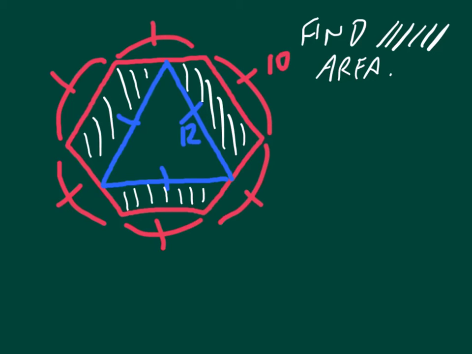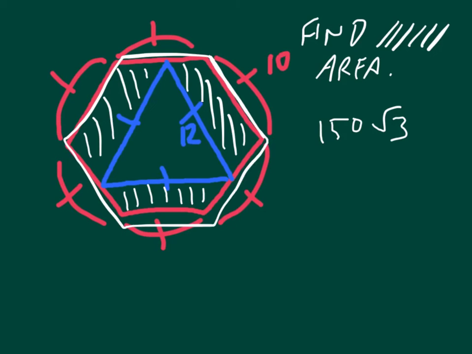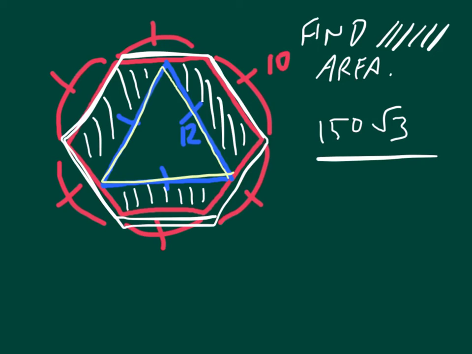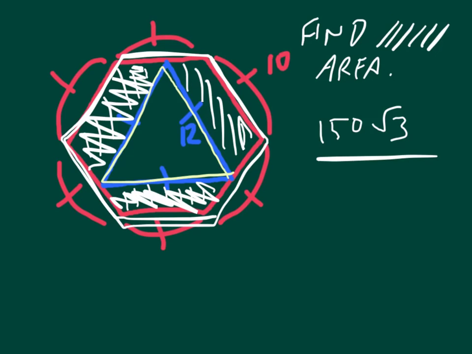Here we have a more complicated problem, and I'm just going to write the 150 √3 that we got for a regular hexagon with side 10, so I don't have to do that work again. We have this big hexagon that we already know the area of, and what I did was something fancy in here. I just put an equilateral triangle inside. I want to know what's left over, what is this stuff here, and here, and here.